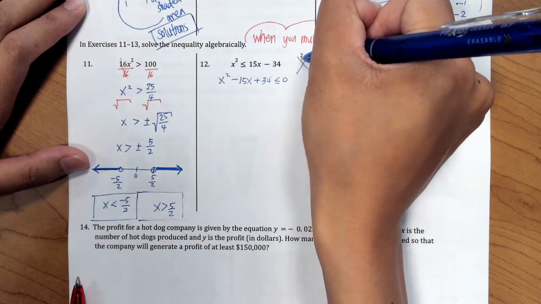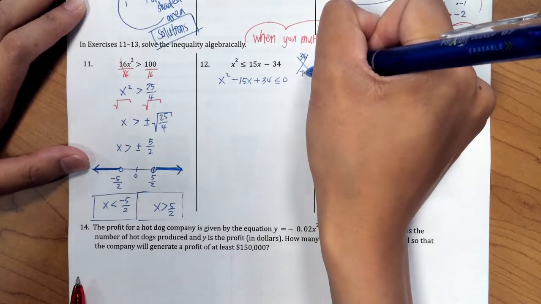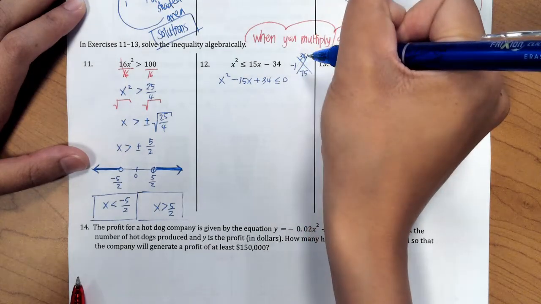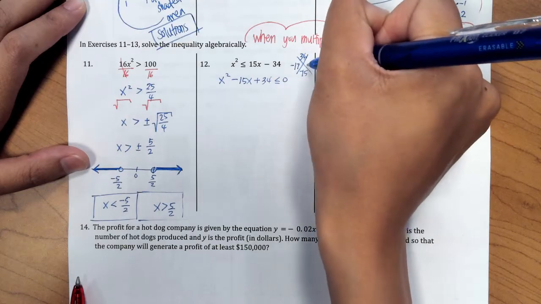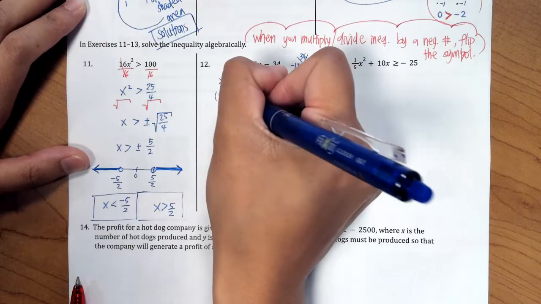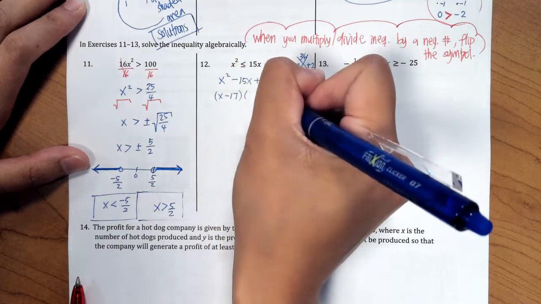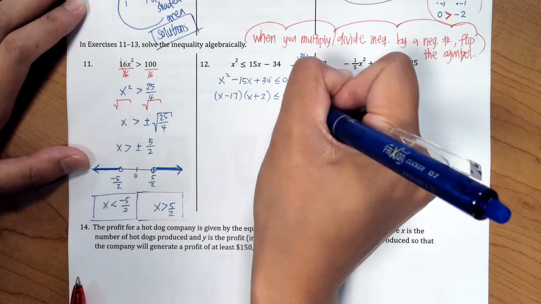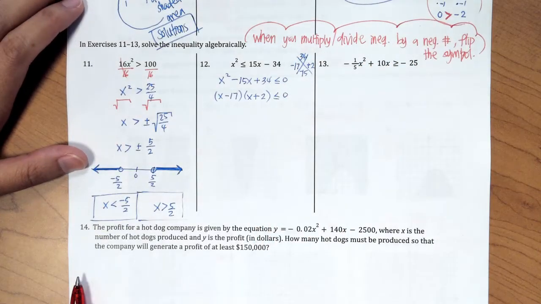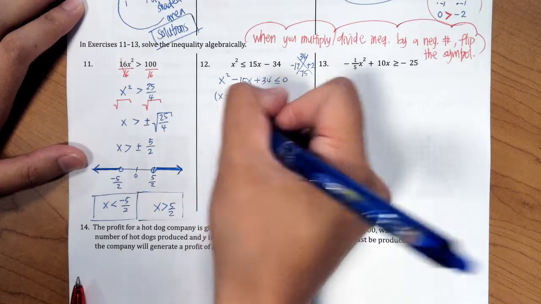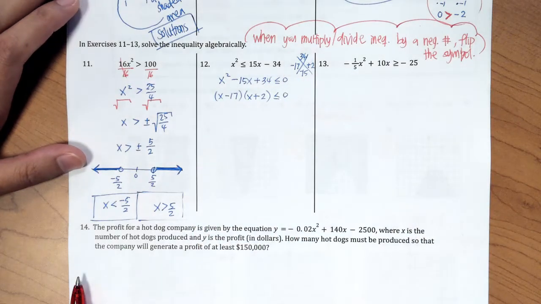What multiplies to 34 and adds to -15? I just know this one: it's going to be 17 and 2, so it'll be -17 and +2. If you didn't know that, then yes, you could use the quadratic formula. I think you'd just be a little sad. And so both of these are less than 0, so we'll have, let's see.